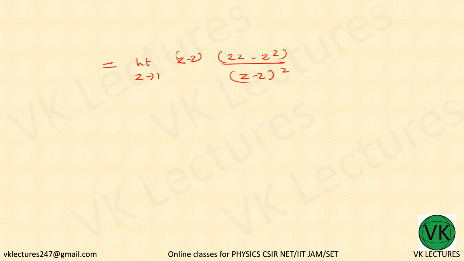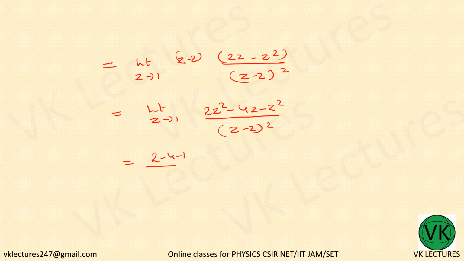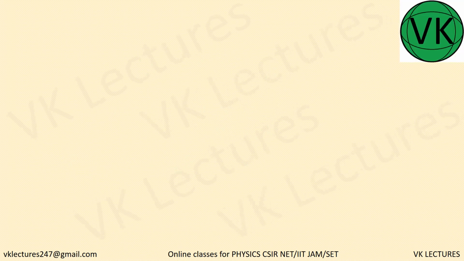That means limit z tends to 1, 2z square minus 4z minus z square divided by z minus 2 whole square is equal to 2 minus 4 minus 1 divided by 1 minus 2 is equal to minus 3. So residue at z is equal to 1 is equal to minus 3.